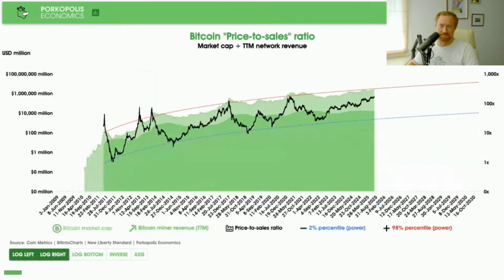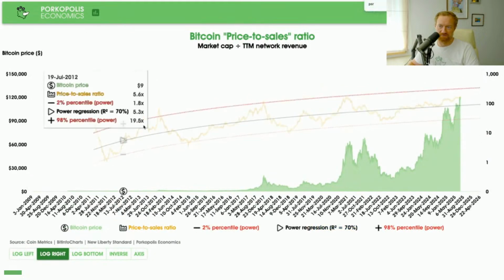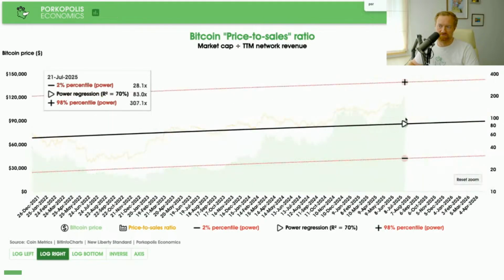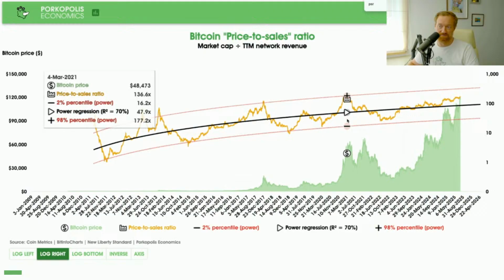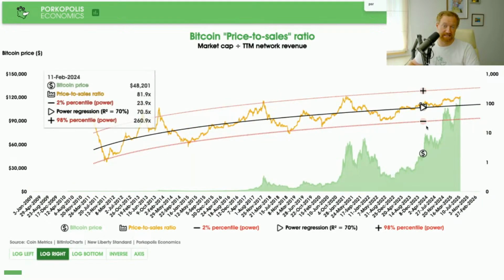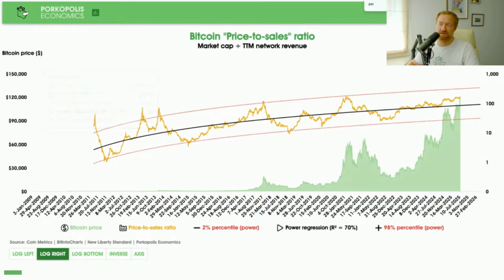So same multiple, but I'm just putting the trend line in the middle now. A little bit above trend, but not close to the top, which we have hit in every prior cycle here, the 98th percentile on my metric. We have kissed it. Doesn't mean we'll kiss it again this time, but it's an interesting way to look at it.